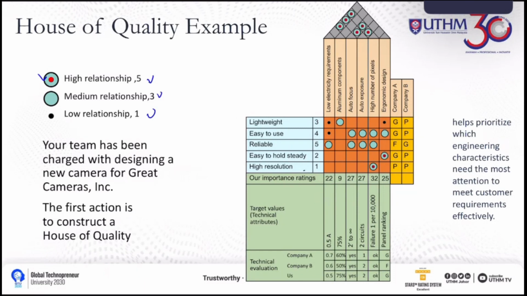Okay, so the customer say company A have a good lightweight, company B having poor lightweight. Okay, so you list out this good or poor, so it can be this symbol or you can put the number, to represent the good and poor for each company.